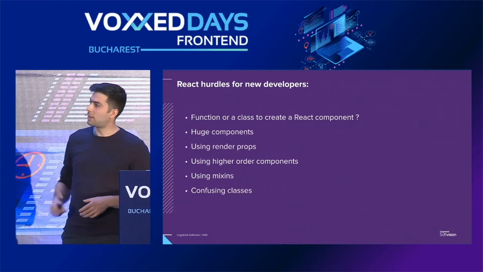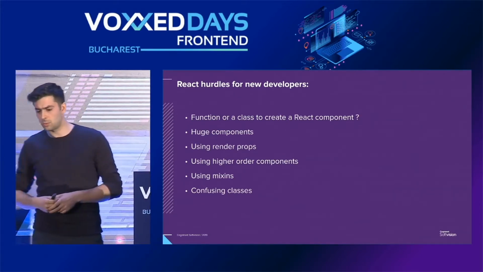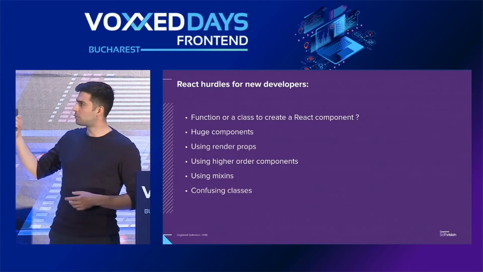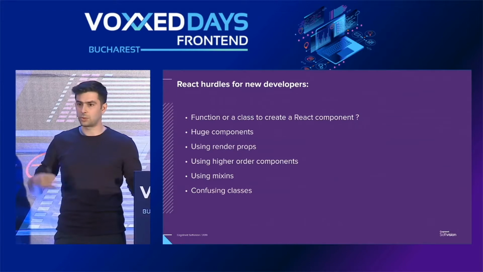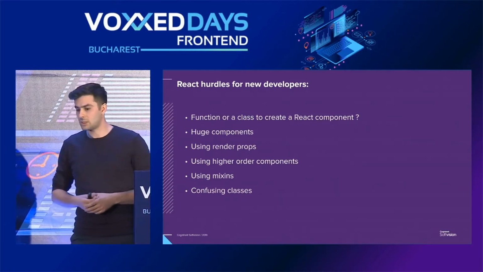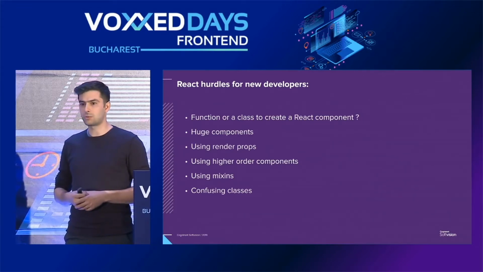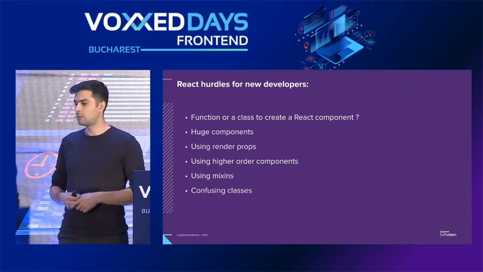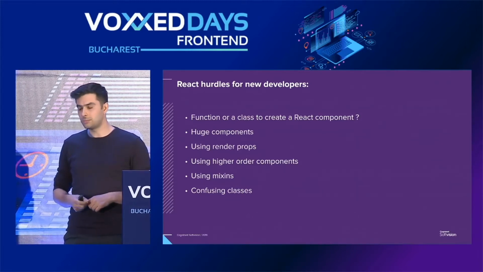One last thing that I have added there is the class confusion. So that's twofold. The first one is the one that I explained, when to use a class component or a function. The other one is actually an issue of object-oriented programs. And I'll say something that Joe Armstrong said.